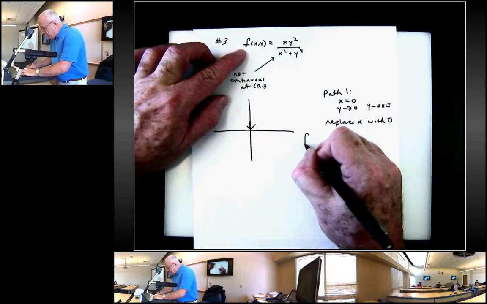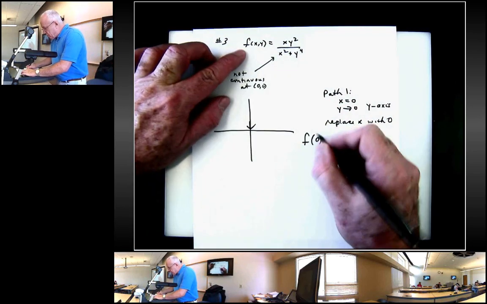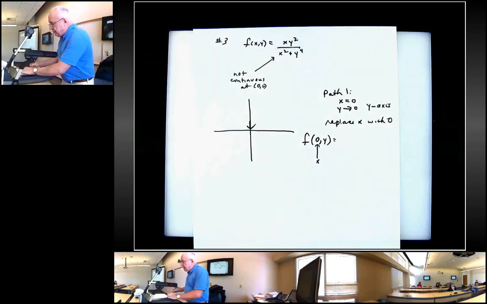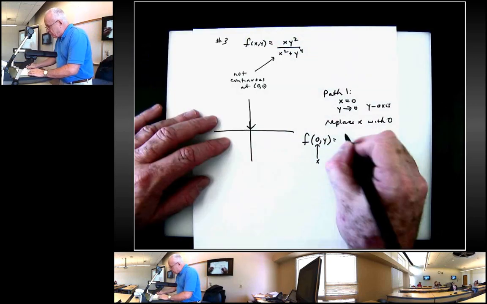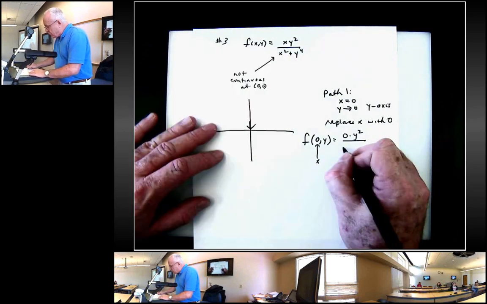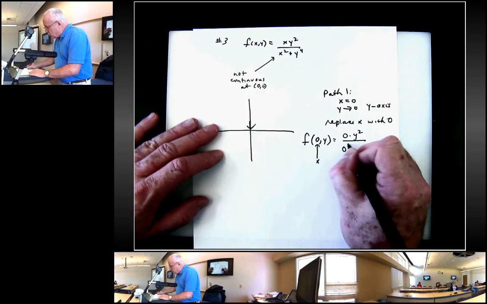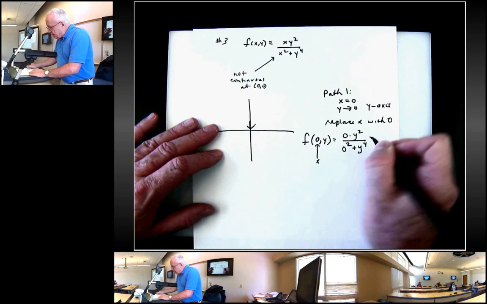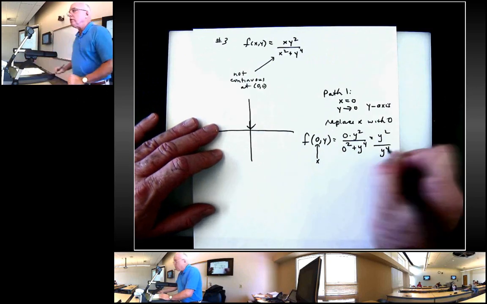So we have f, x is now just going to be 0. And then it's x y squared, so it's going to be 0 times y squared over x squared plus y to the 4th, so that's 0 squared plus y to the 4th. So that simplifies to y squared over y to the 4th.